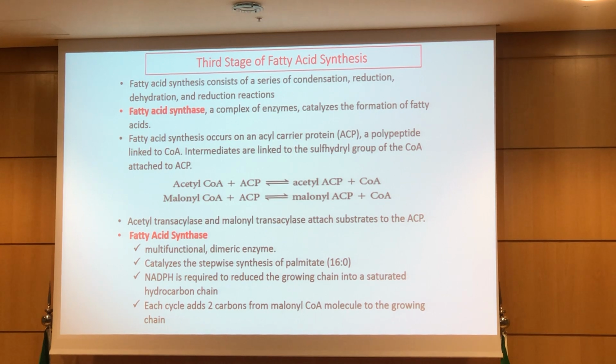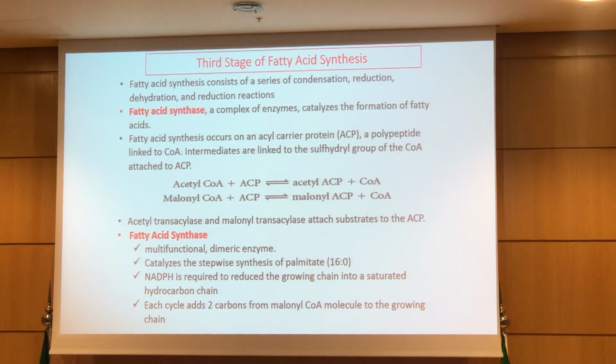Good. So in the cytoplasm, I have some acetyl-CoA, I have some malonyl-CoA. Are we okay? Now what do I need to do? I need to activate both of these. So there we are. I activate both of them with a thing called ACP.